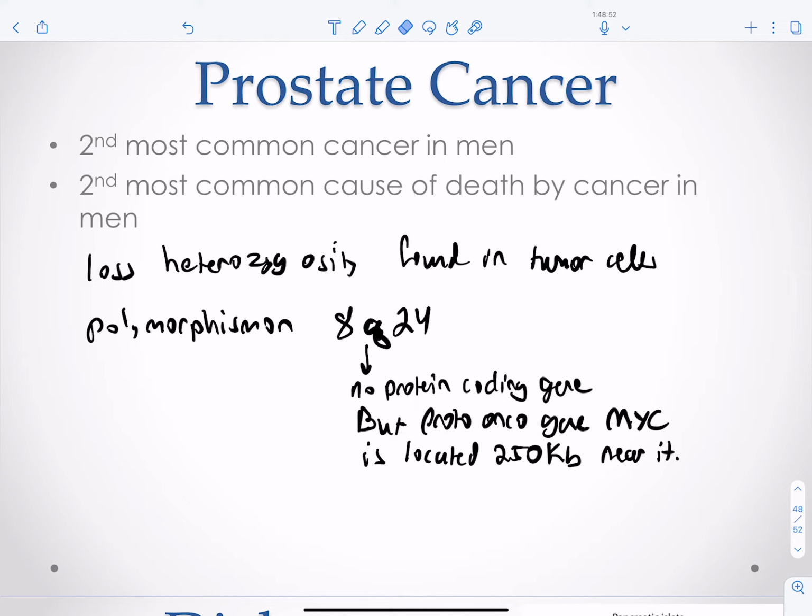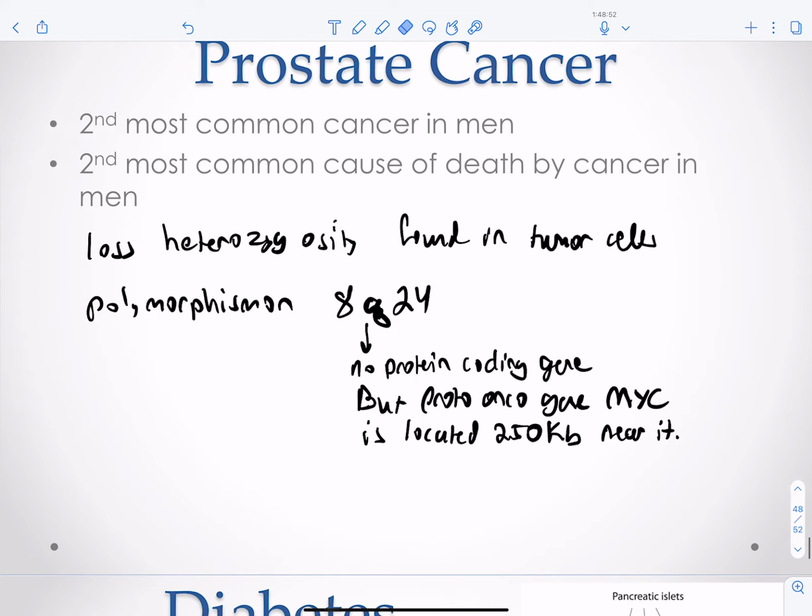There is a polymorphism associated at chromosome 8 on the q arm at position 24. This is a region of the chromosome that doesn't have any coding regions. However, mutations in this might influence a gene that's close to it. It's a proto-oncogene, MYC. And so if you have a mutation in this region that leads to turning on the MYC proto-oncogene, then you can potentially lead to cancer.